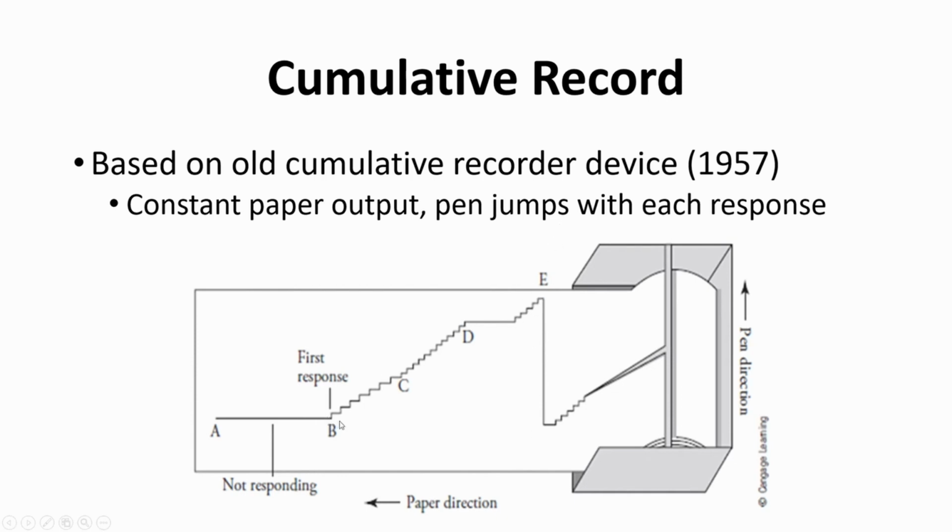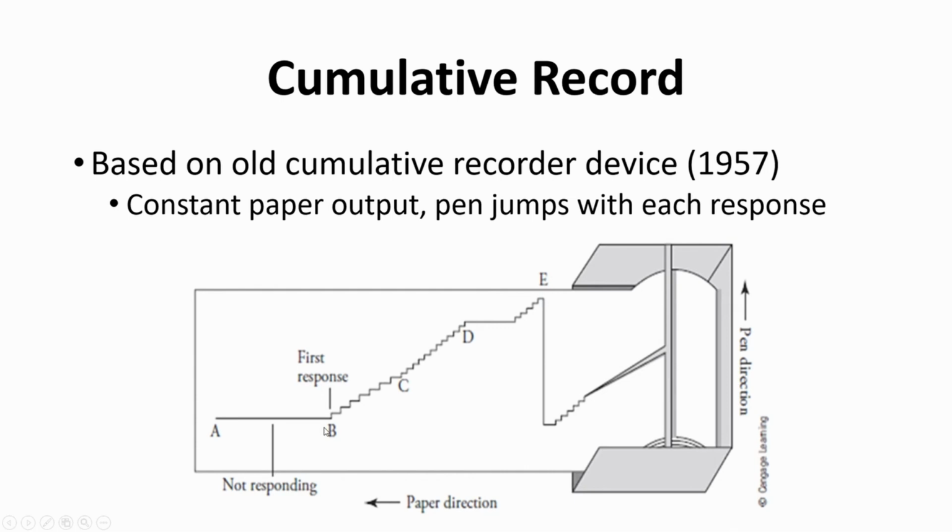But our important thing to note here is that this is one response, this is one response, this is one response. So what we're seeing here is a cumulative or an accumulating record of all of the responses that have been made over the course of whatever trial or whatever session we're running. So we can actually count each of these little peaks here to tell how many responses have been made, and we can work out when they've been made or how many responses over a certain known amount of time.